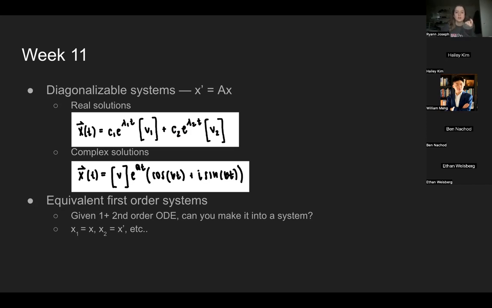The main thing here is that you set one of the terms to the derivative of the first term, and then you make it into a matrix and solve it like that.